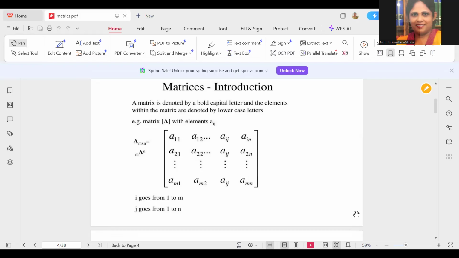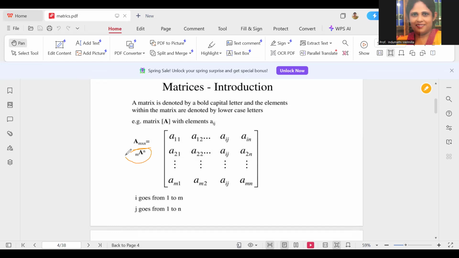You can see this common or general form of the matrix. Its size is m multiplied by n, or m into n. That means the number of rows equals m and the number of columns equals n.